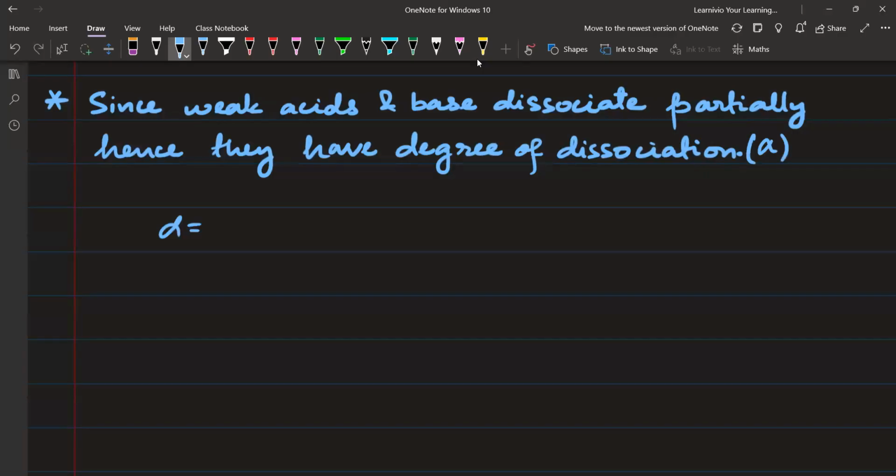If alpha is equal to, let's suppose, 0.1, it means that if you take 100 molecules then you will get 10 H plus from it.